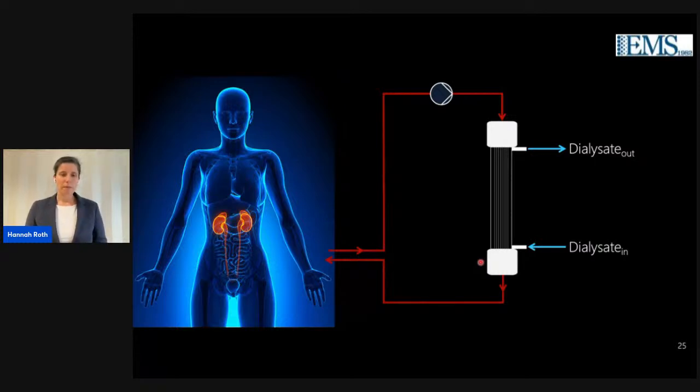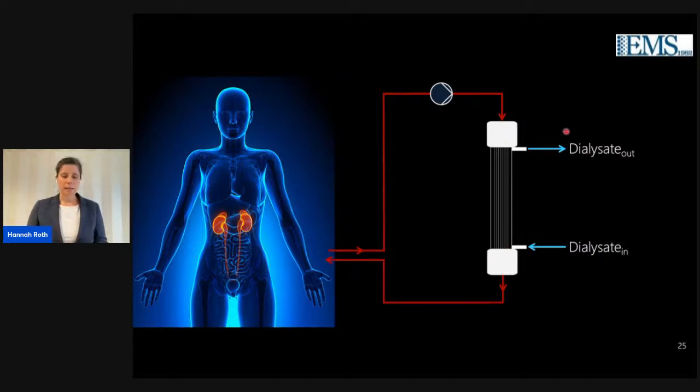And what is happening is that the blood of the patient is taken outside of the body. It flows through the inside of very thin hollow fiber membranes, and on the outside a dialysate is circulated.